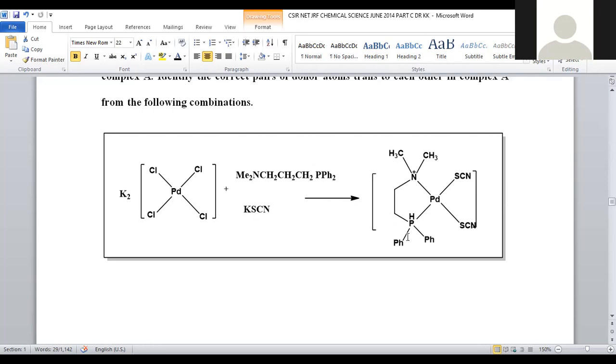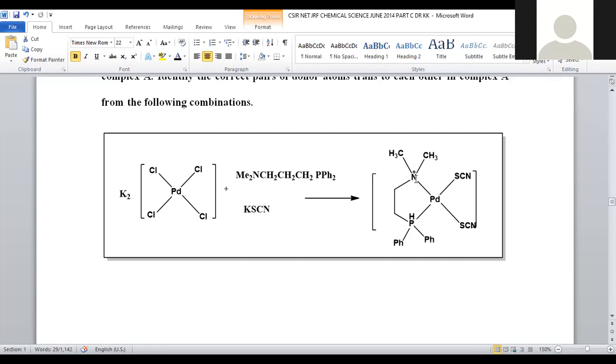One side of palladium is chelated with this nitrogen-phosphorus containing ligand, which is known as a heterodentate ligand. One is nitrogen and the other is phosphorus, and on either side SCN moieties are present. Because SCN is a one electron pair donor, it is monodentate and two single bonds will be generated. In this way, a square planar complex is generated by replacing all four chloro groups with the new incoming ligands.